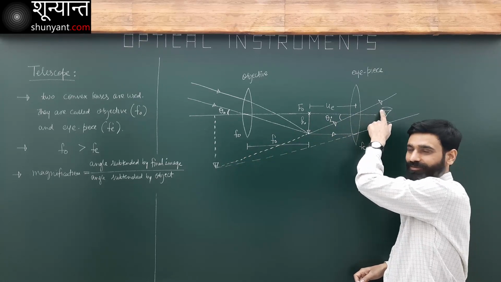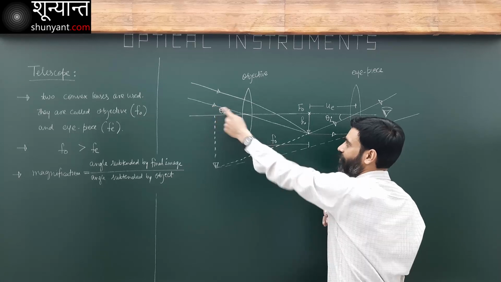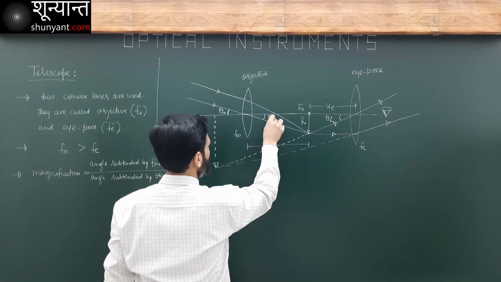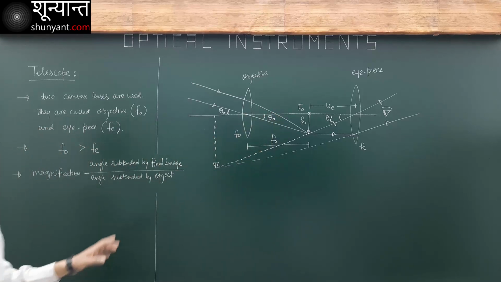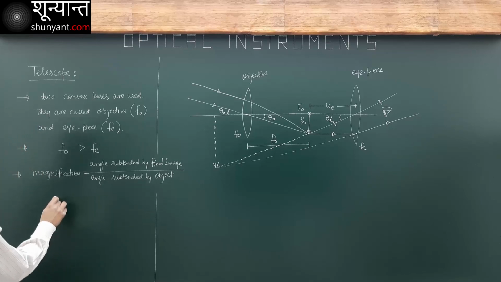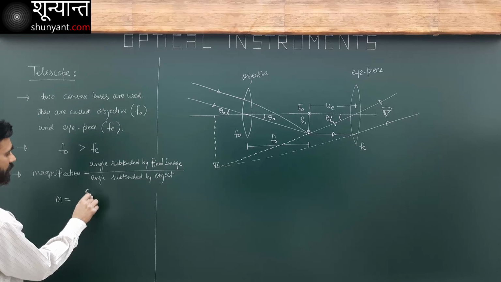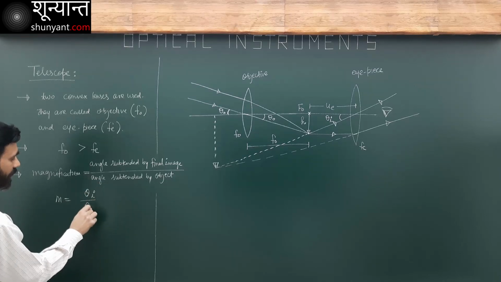This angle is the same as theta O. So the magnification is going to be equal to theta I, the angle made by the image, over the angle made by the object.